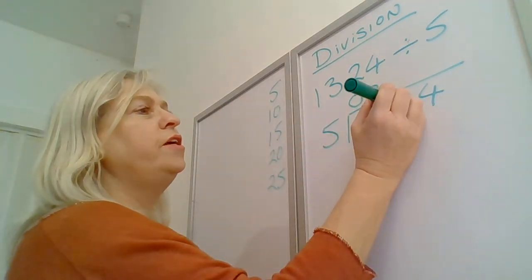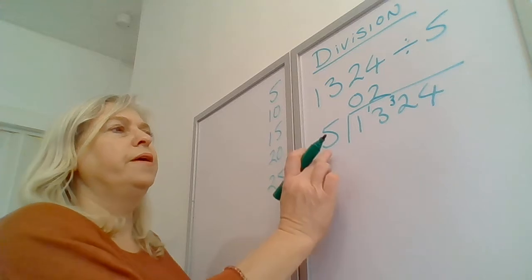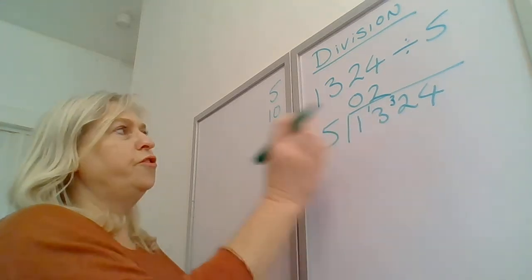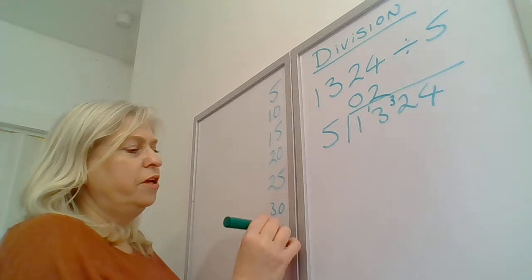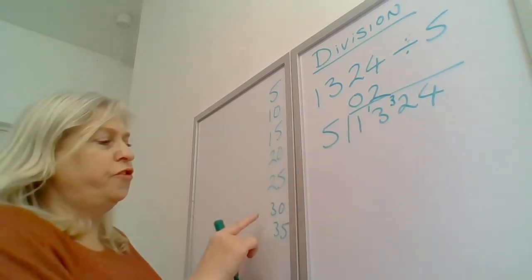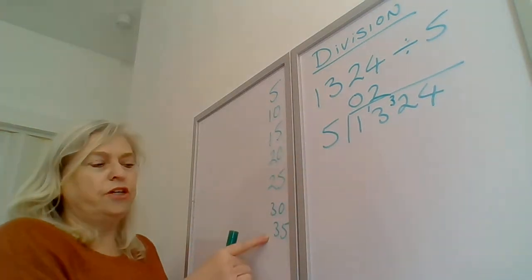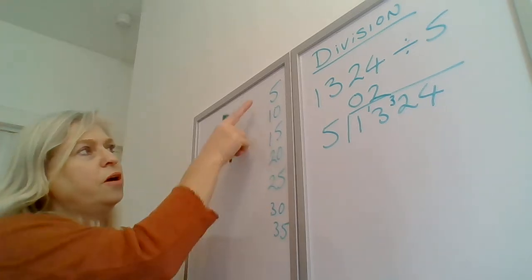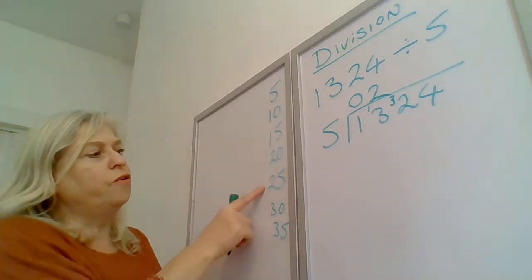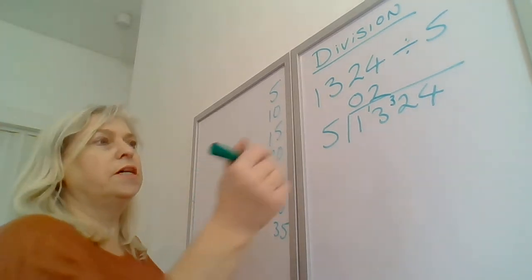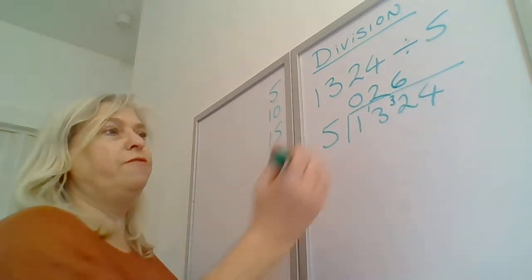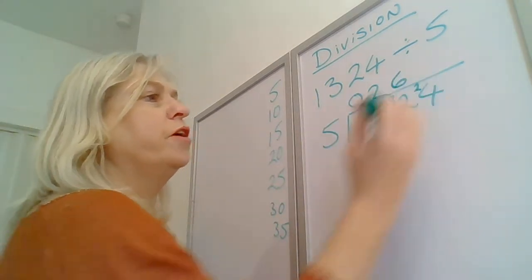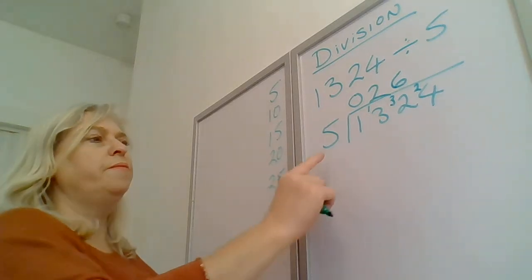So we take our 3 left over onto the next number. 5 into 32, oh, we need to go a bit higher, 25, 30, 35. The highest we can go is 30, 35 is too high. So 1, 2, 3, 4, 5, 6, it goes 6 times, and 30, 32, we've got 2 left over, so 2 left over goes on to the next number, okay?